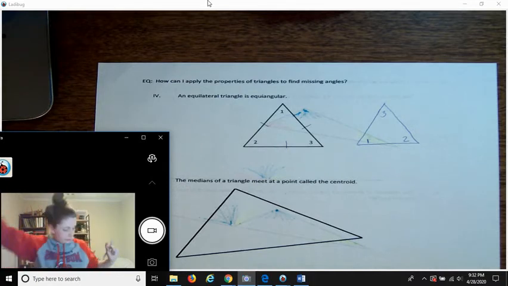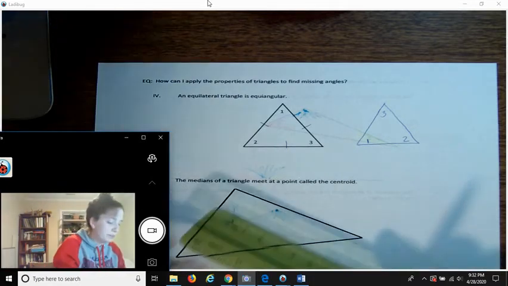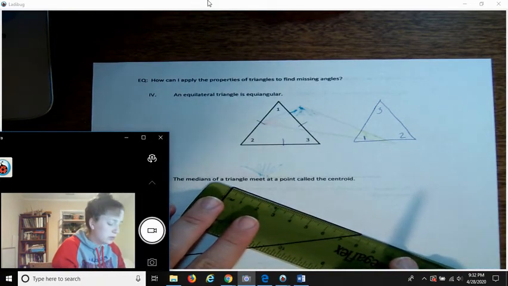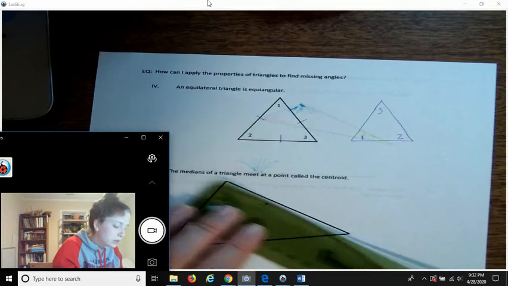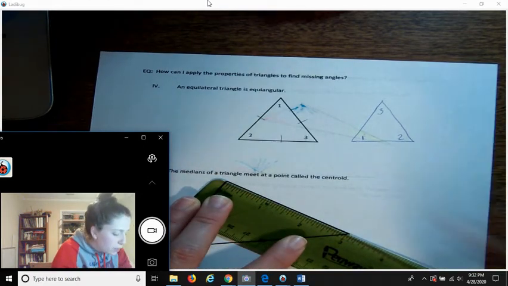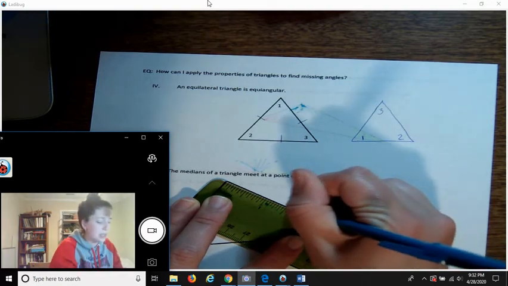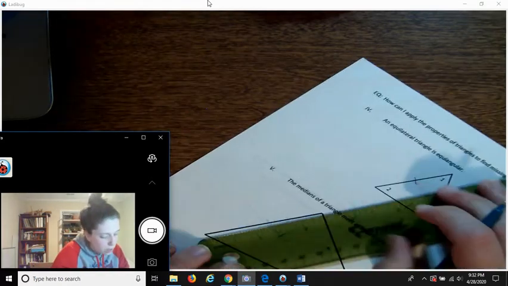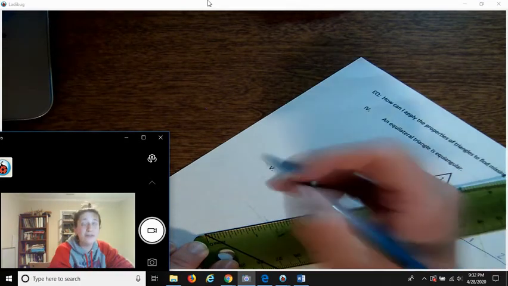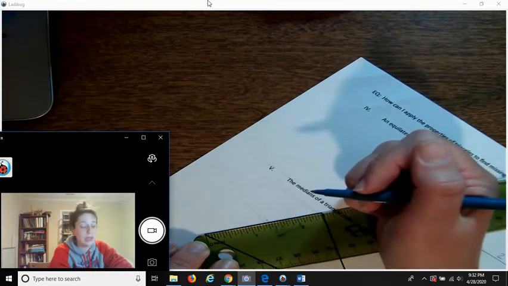The medians of a triangle meet at a point called the centroid. What I would have had to do is measure out the sides of this triangle. This one is about 3 inches, so 1.5 would be its midpoint. This side is 2.5 inches.